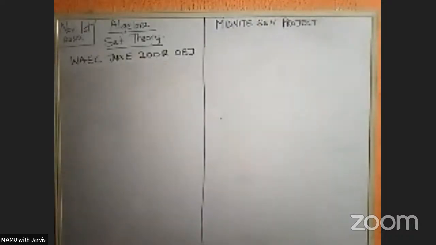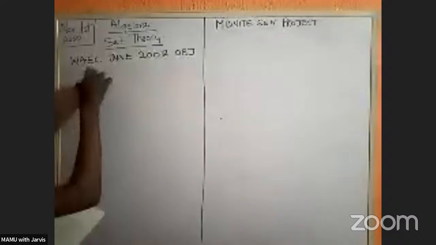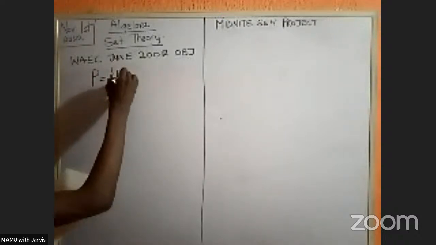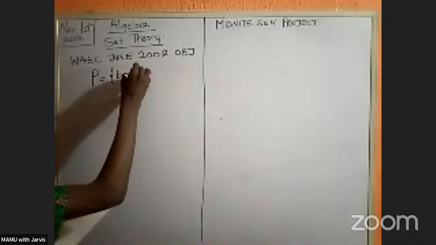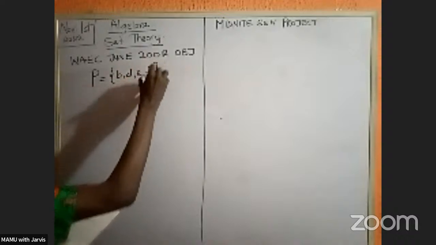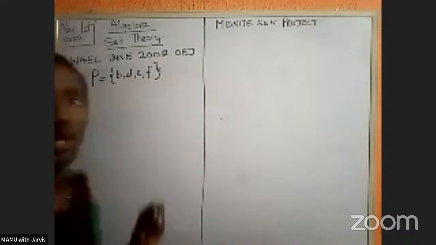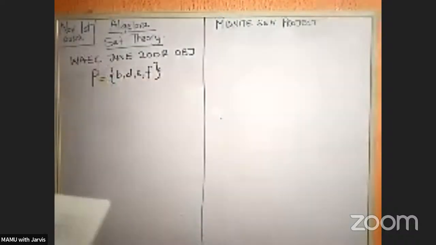Right, so for this one, it says that given that P is a set having B, D, E, F, in what's called a curly bracket. It's a special kind of bracket we use for that.